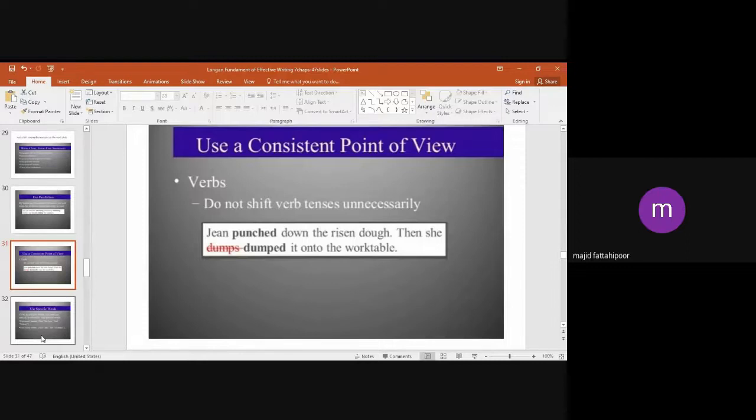You can also bake bread or, I don't know, some other types of, what is that? Confectionery. Yeah. So, but the important thing is that you do not change at the middle by changing the verb tense, and you say, oh, it doesn't, I mean, make any problem. The problem is about the effect.